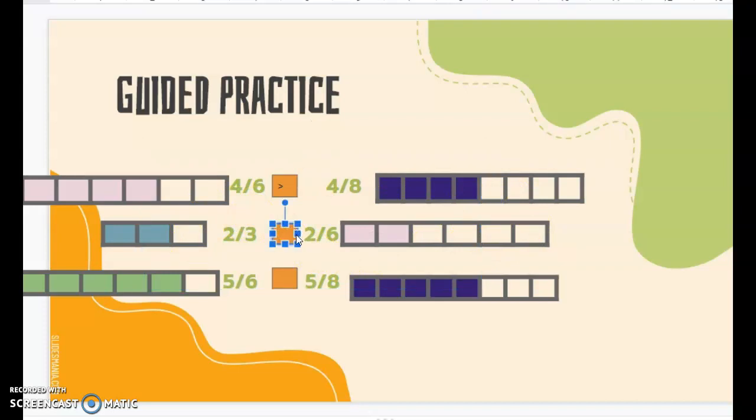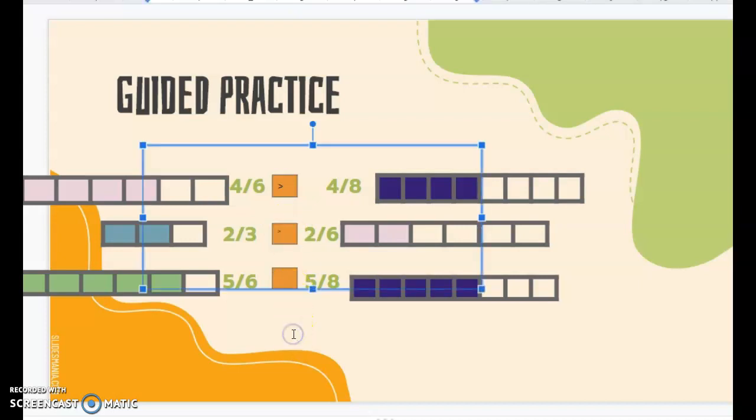So therefore, 2/3 is greater than, and I'm sorry, my arrow is tiny, is greater than 2/6.